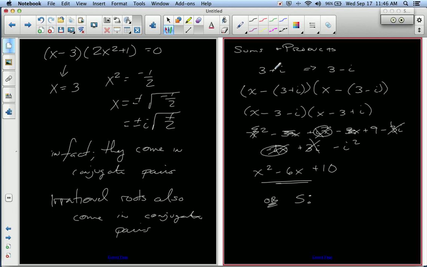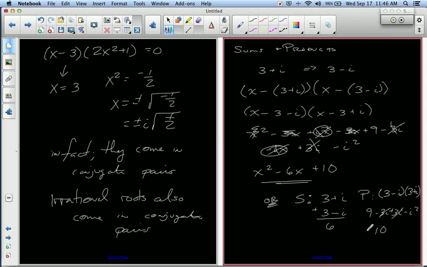If I add 3 plus i to 3 minus i, 3 plus i plus 3 minus i, I get 6. If I take the product, 3 minus i times 3 plus i, I get 9 minus 3i plus 3i minus i squared. Well, those guys cross out. Minus an i squared is plus 1.